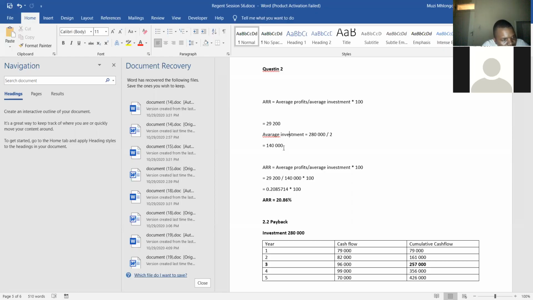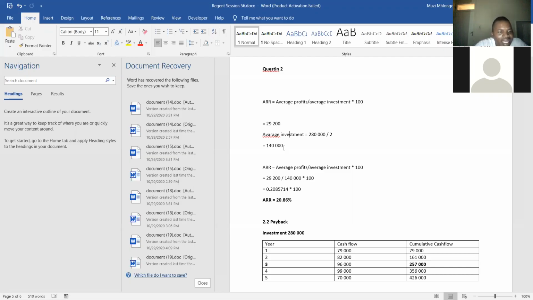Those figures for project 1, for year 1, 2, 3, and 4, you are given. Those figures are in net profit. So you want to get cash flows. Basically, maybe I can try to differentiate cash flows and net profits.